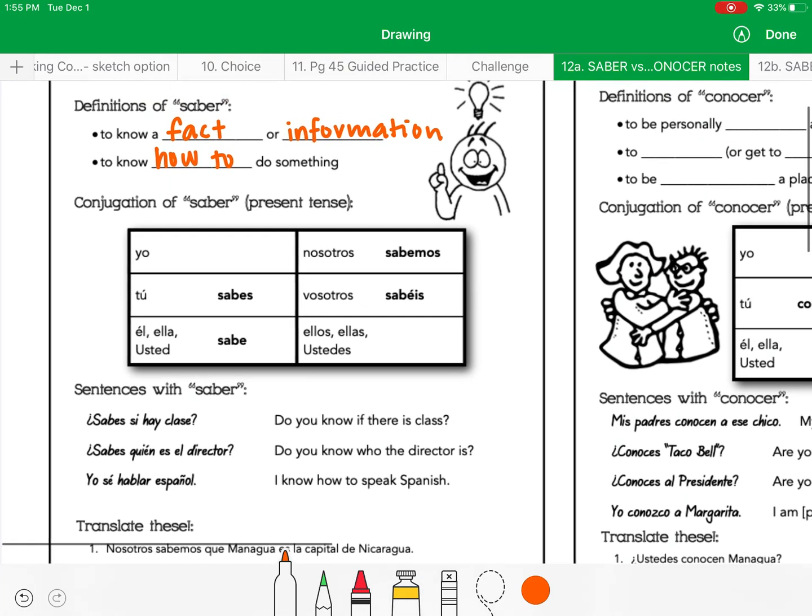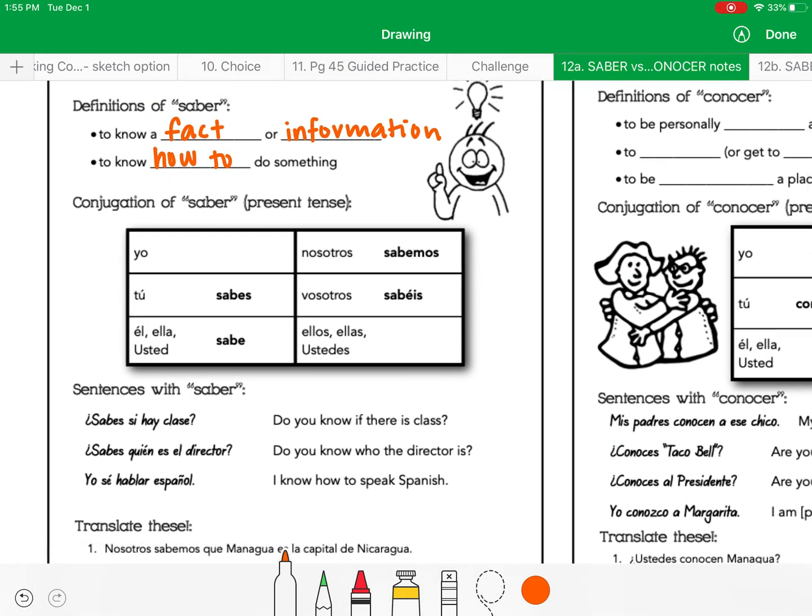So there are some conjugations of saber. Everything is regular, meaning it follows the rules, except for yo. And for yo, we say yo sé, to say I know. And then we have saben.